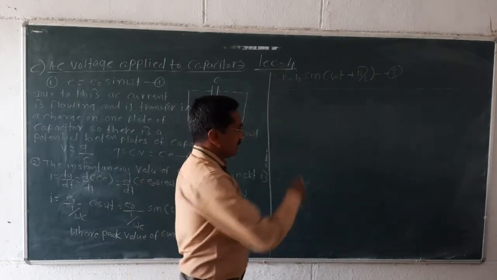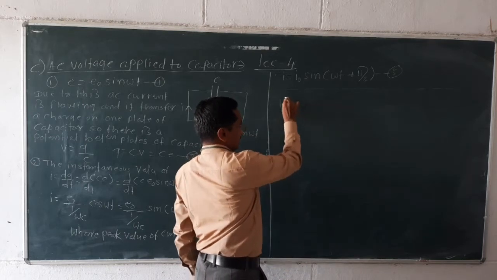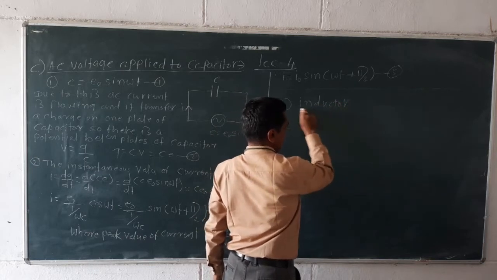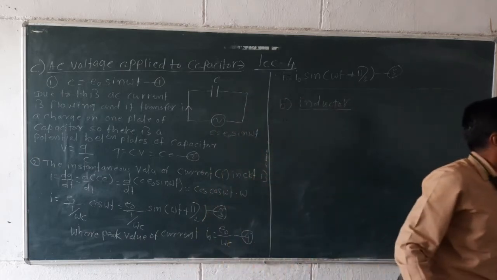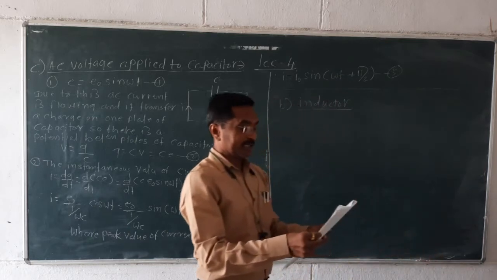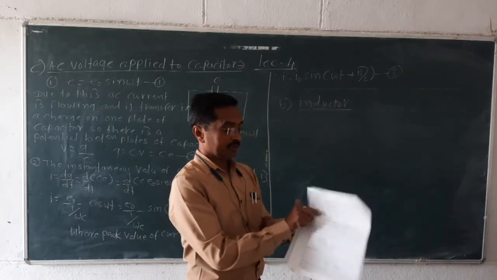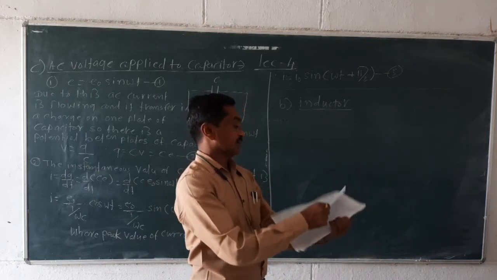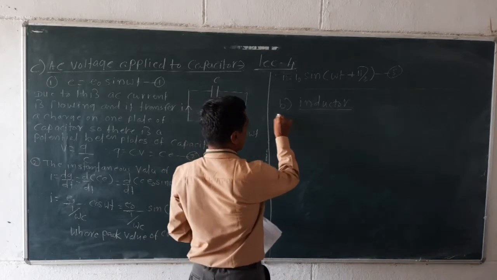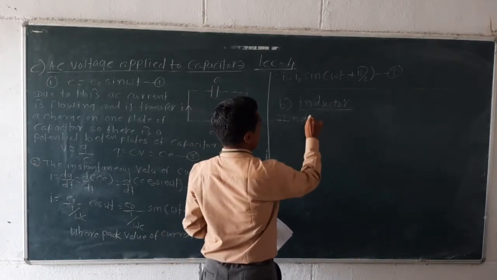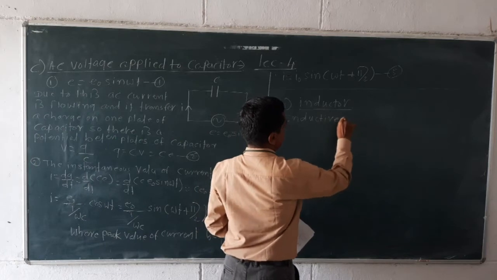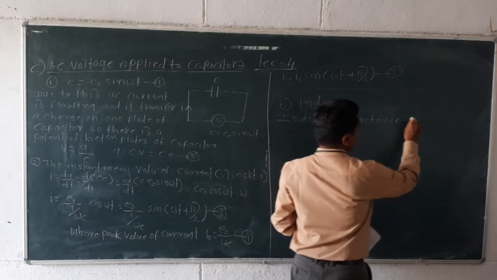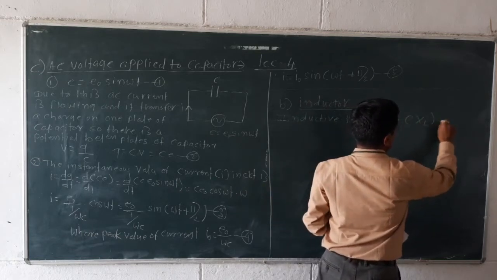Today's lecture. In the previous case, that is AC voltage applied to the inductor, at that time the point left was the inductive reactance, denoted by Xl.